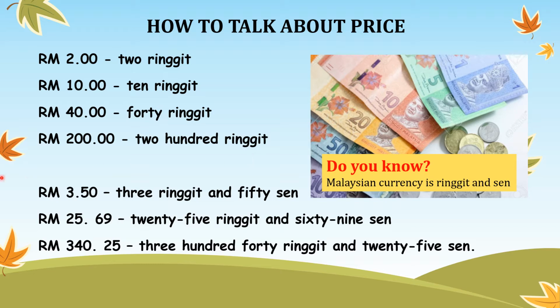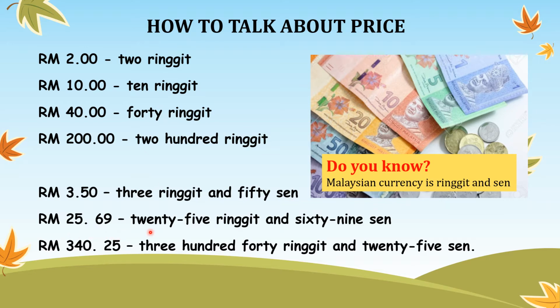Okay, let's look at the example. 3 ringgit and 50 sen. In English, we use 3 ringgit and 50 sen. So this price, how to say it in English? 3 ringgit and 50 sen.